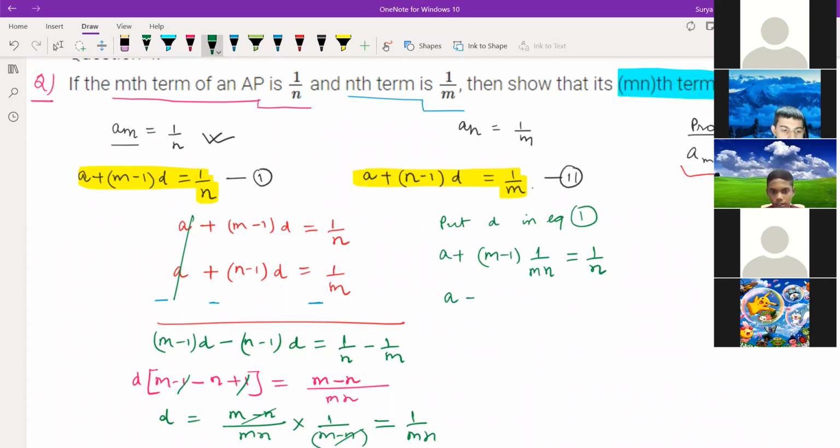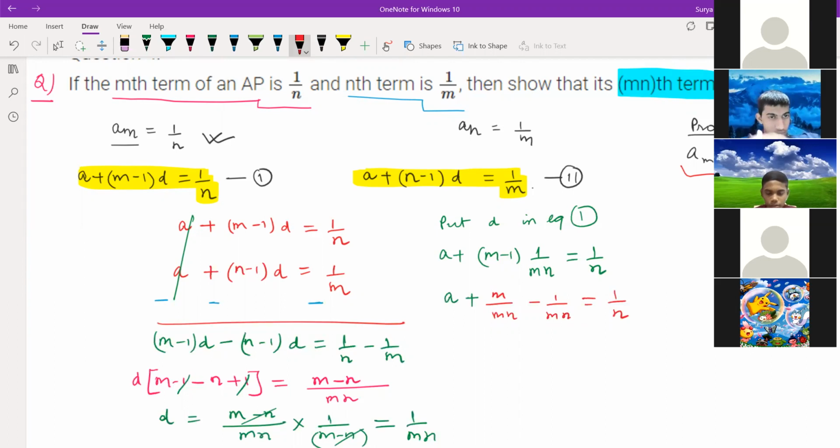Yes, sir. Now a plus (m minus 1) by mn. Or you can just cancel directly if you want. No, we can't cancel. So a plus m by mn minus 1 by mn is equal to 1 by n.